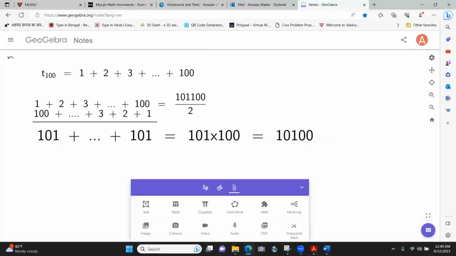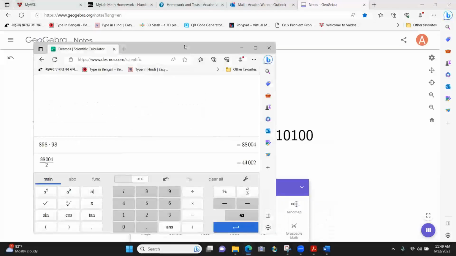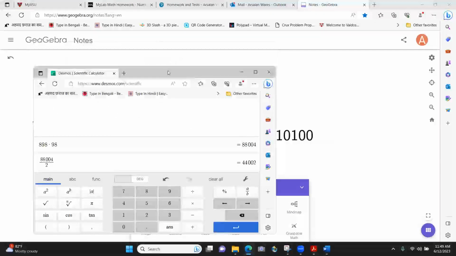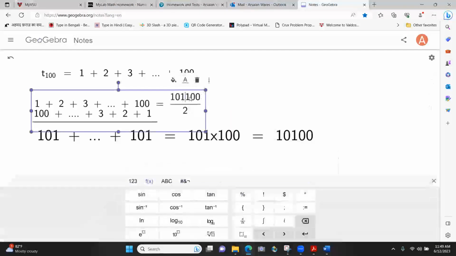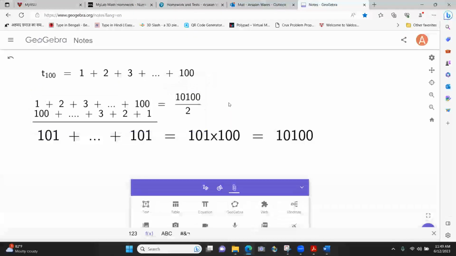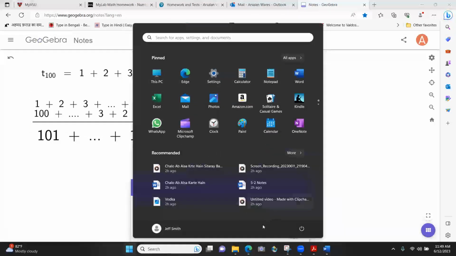And I'm going to go back to my calculator. I think I know the answer, but I still want to check. Already made a tiny error here. Let's fix it.